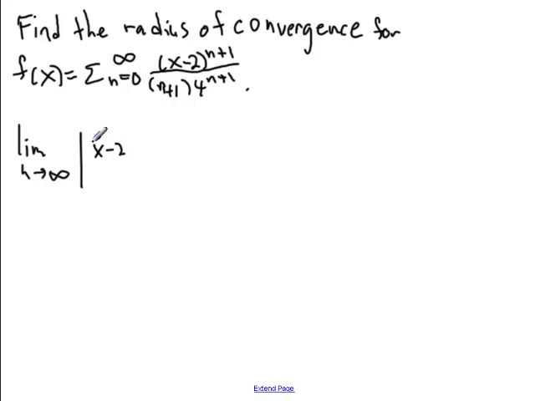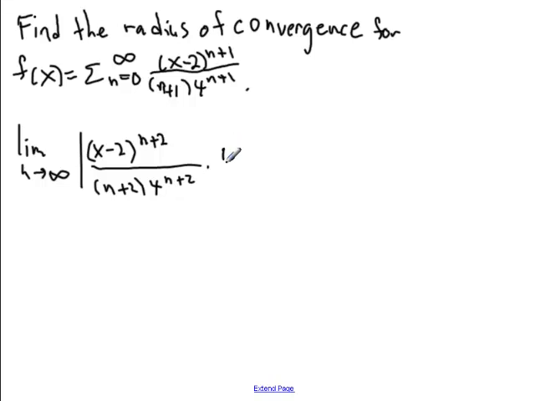of x minus 2 to the n plus 1 plus 1, or the n plus second term, divided by the n plus 1 plus 1, or the n plus 2, factor in the denominator, 4 to the n plus 1 plus 1, 4 to the n plus 2, multiplied by the reciprocal of the nth term.